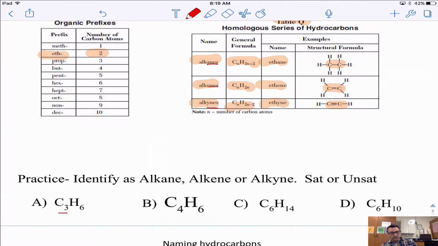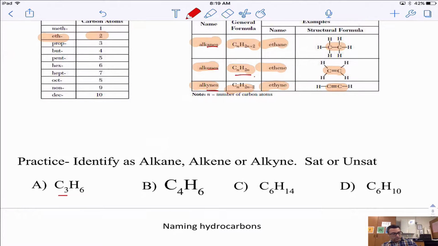That follows the general formula for an alkene. So now I can draw my structure. My structure would be 3 carbons. The double bond I can put either between the first and second or going the other way, the first and second. I'll put it on the left here.